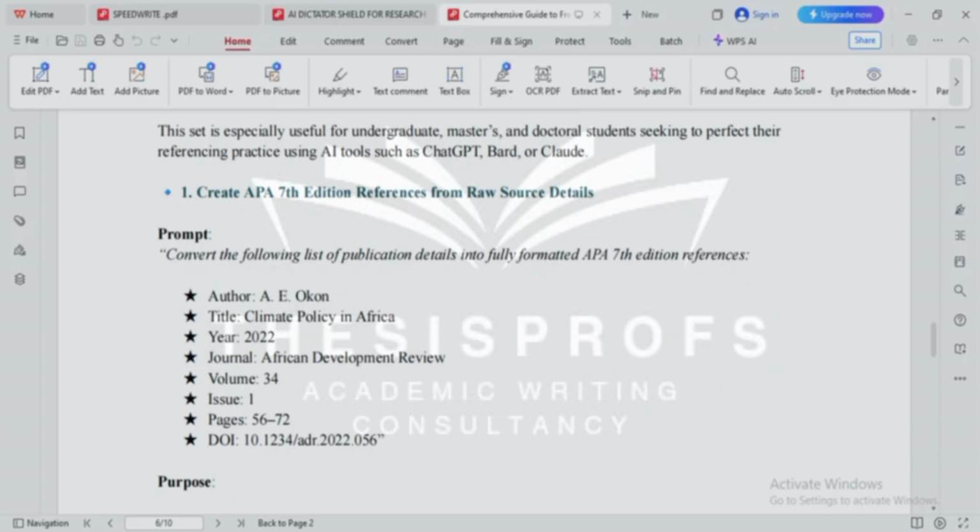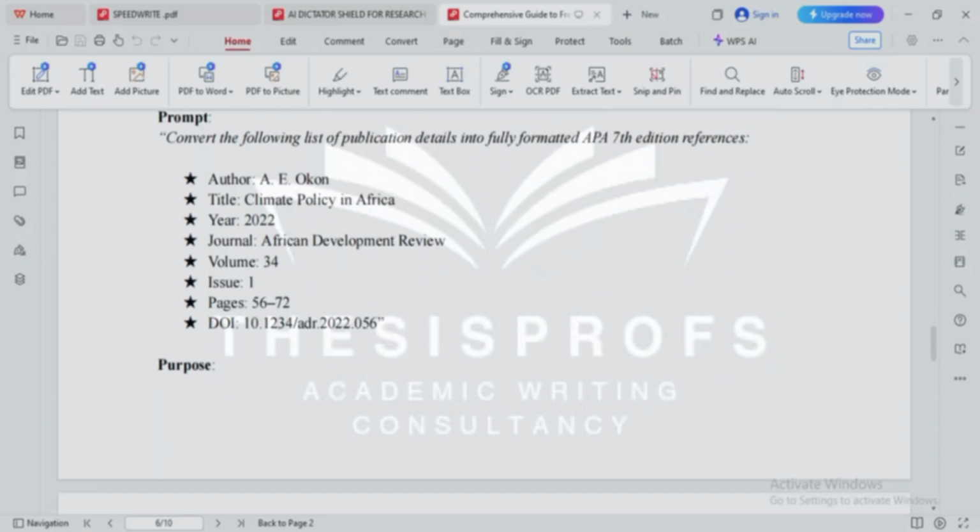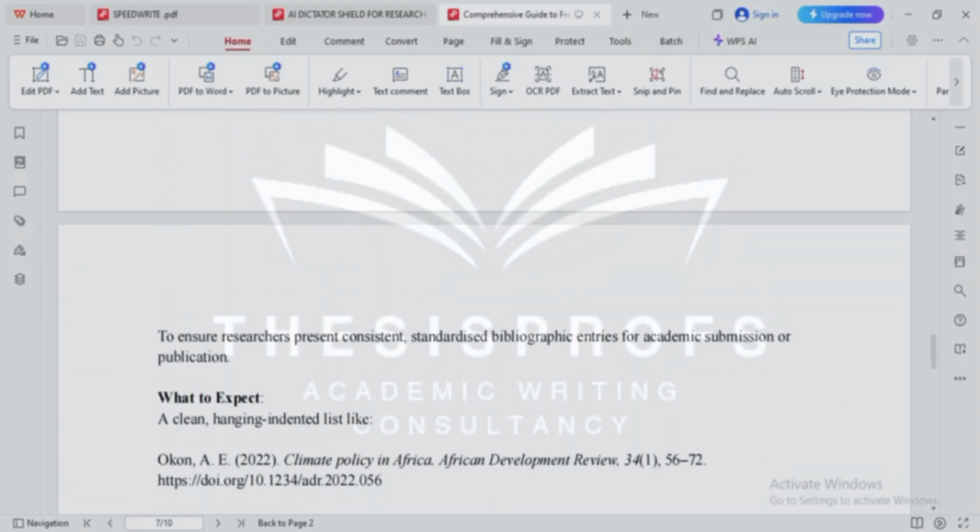The author comes first, the title, the year, the journal, the volume, the issue, the pages, and then the DOI. The reason you need to do this is to ensure researchers present consistent, standardized bibliographic entries for academic submission or publication.